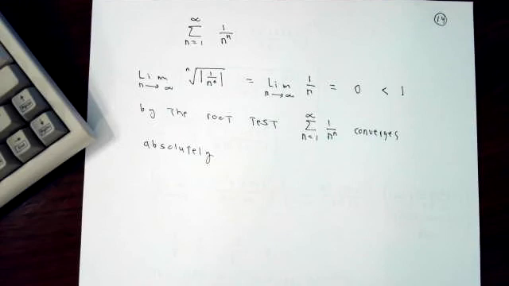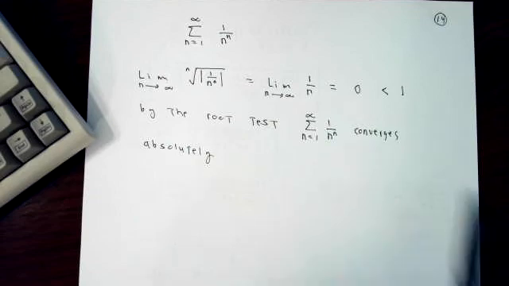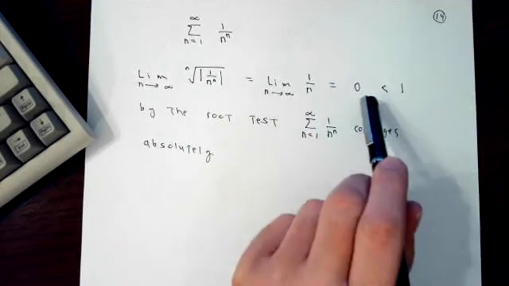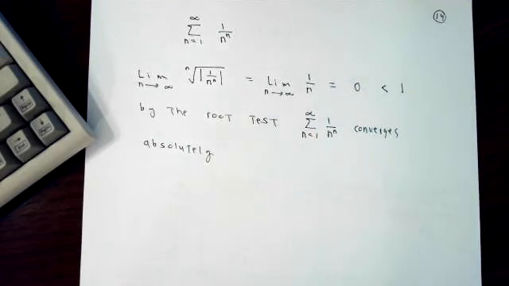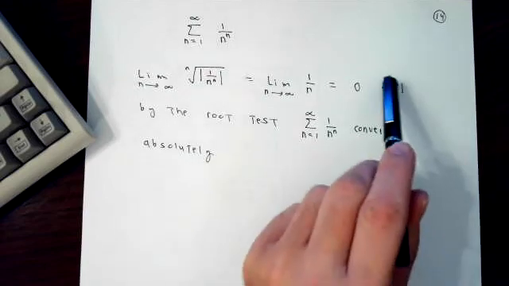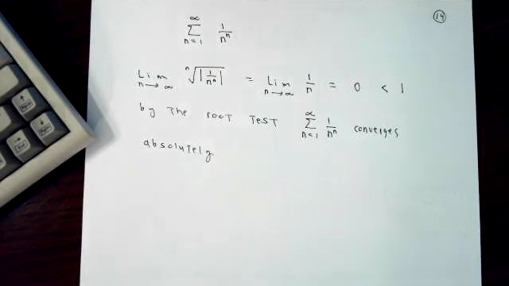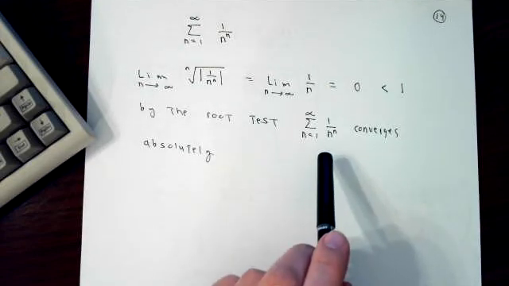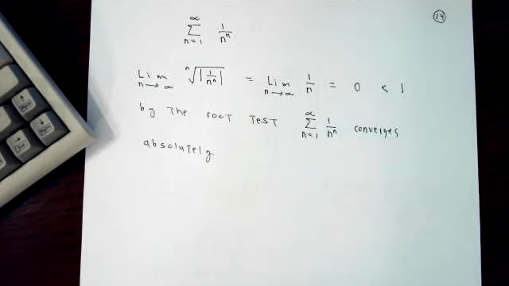And that's almost the easiest limit on Earth to figure out. The top is a constant, the bottom tends to infinity. The limit equals 0. And that's good news because 0 is less than 1. By the root test, the infinite series that we started with converges absolutely.